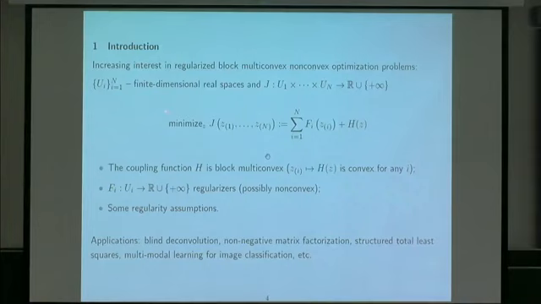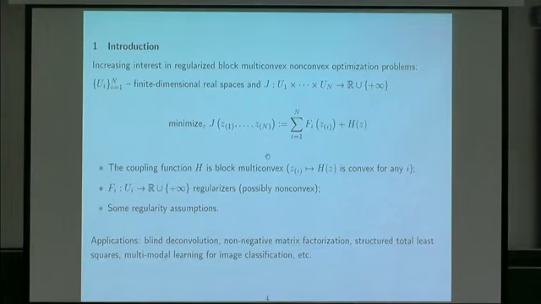Suppose that we have real vectors, or for instance images, on a finite dimensional real space, and that they are decomposed by blocks, and that for each block we have a possibly different regularizer, and that we have a coupling function H, which we will suppose is block multiconvex. It means that for each block Zi, this function is convex.